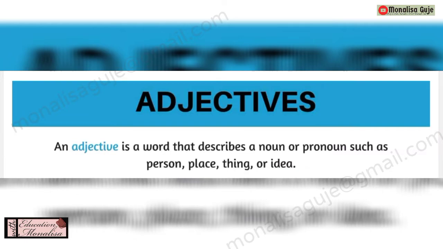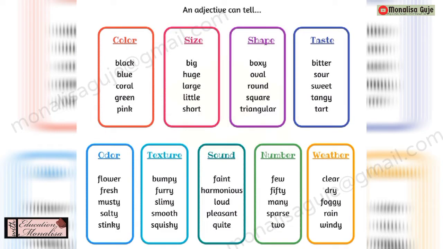Adjective. An adjective is a word that describes a noun or a pronoun such as person, place, thing or idea. Anything that is describing something is called an adjective. Example, beautiful flower. So how is the flower? It's beautiful. An adjective can tell us color, size, shape, taste, odor, texture, sound, number, weather.